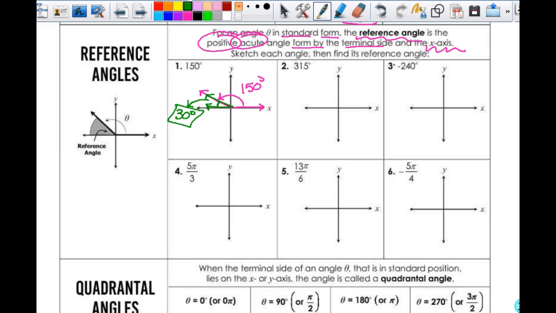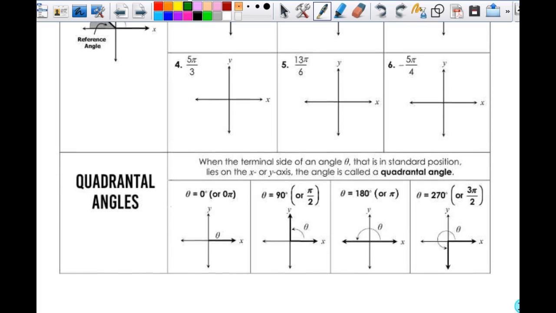All right, so then let's just jump to 4. Start thinking in radians here. 5 pi thirds. All right, so I know I'm starting here. So once I come around here, in terms of thirds, when I get to pi, 3 pi thirds. You agree with that? And then I keep going, and all the way over here, this is 6 pi thirds, yes? So 5 pi thirds would end up in the 4th quadrant. So I'm right here. This is my actual angle that I just graphed, right?